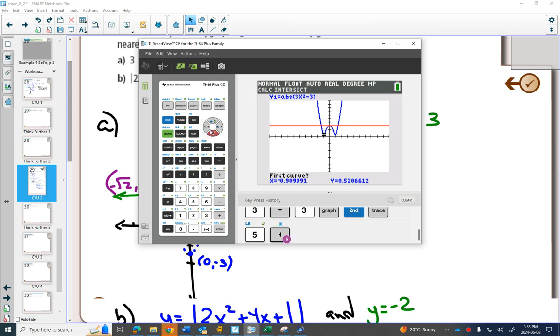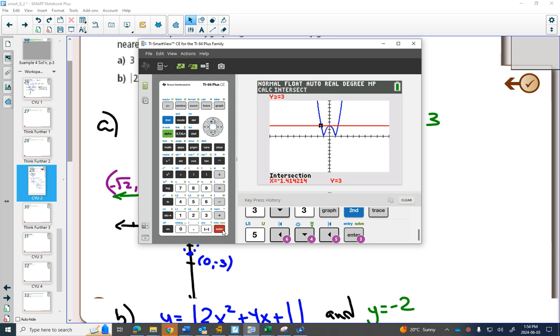So if I want to find this one on the left, I push enter on the first curve. It automatically jumps to the second curve. Push enter on the second curve. It wants you to guess. Maybe here? Yay! And then it tells you negative 1.41, which is negative square root of 2, as one of the answers.